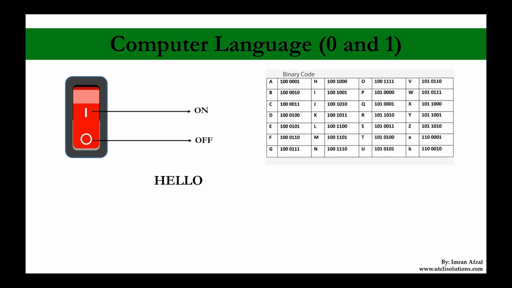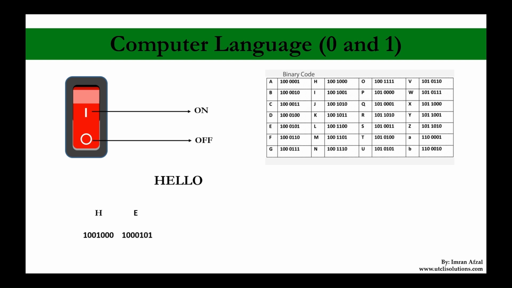How is your operating system or your computer going to translate that for its processor or memory, saying, hey, this "hello" means these digits, so process it? The first thing it will do is take the first character, which is H. By looking at the chart, you will see that H translates to 1001000, meaning on, off, off, on, off, off, off.